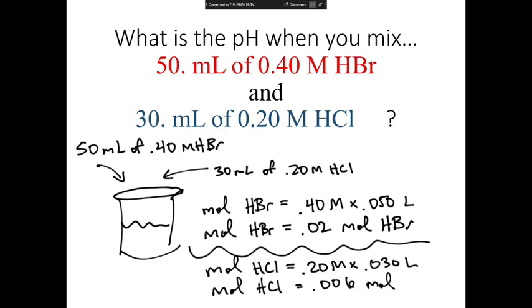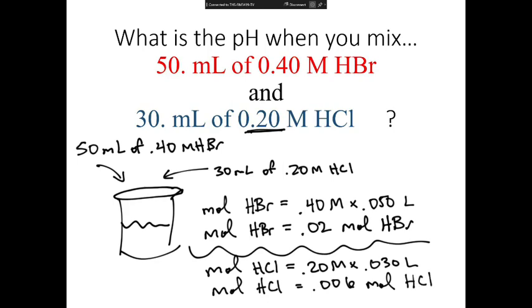Would that be 0.02? The molarity of HCl, I think, is 0.2. Oh, right. Okay, sorry. No problem. I'm confused. There's a lot of 0.02s and 0.2s up here, huh? So I think I got 0.006 moles for the HCl.